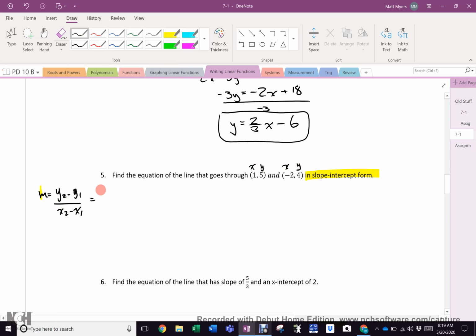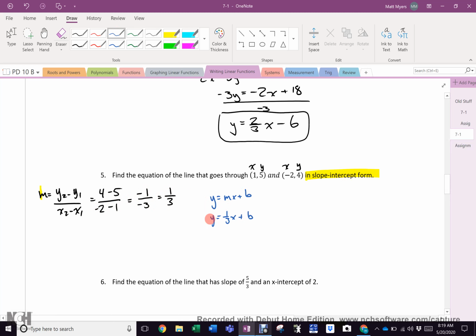Let's solve it. 4 minus 5 over negative 2 minus 1 is negative 1 over negative 3, which is positive 1/3. There's my slope. Slope-intercept form, y equals mx plus b. M is 1/3. Y equals 1/3 x plus b.